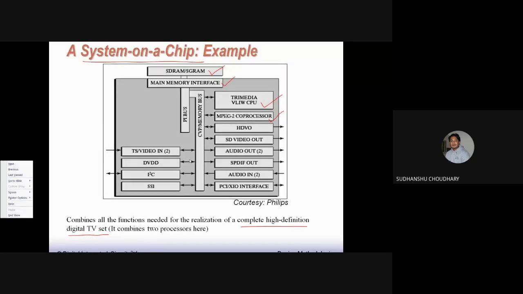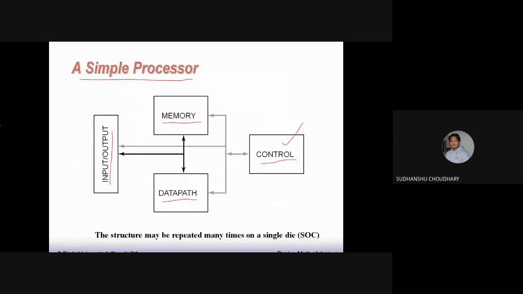Then the control unit also is in the same processor, same chip, right? And also the IO ports, audio out, for example, video out, audio in. So all these components or blocks which we had seen here are present on a single chip. So that is called system on chip, right?